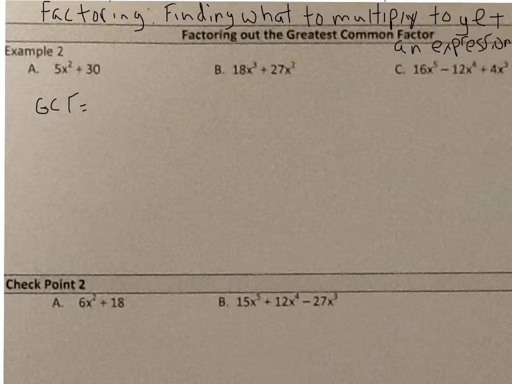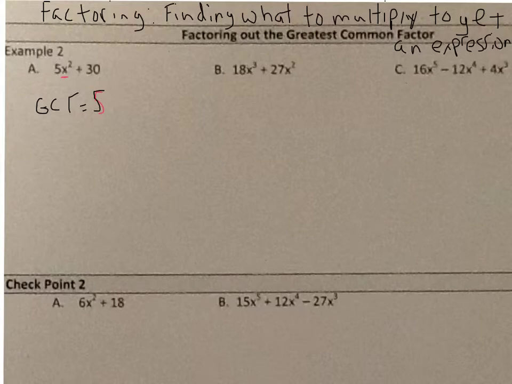So we have an x squared here, but there's no x on the 30. So x can't be a factor because it's not in both of them. But we do have the numbers 5 and 30. The biggest number that goes into 5 and 30 is 5. So our greatest common factor is just 5.